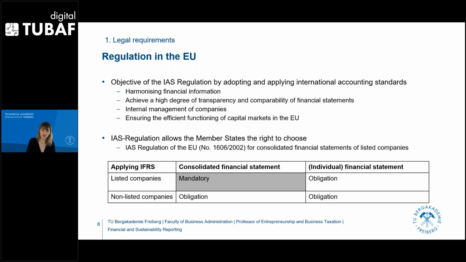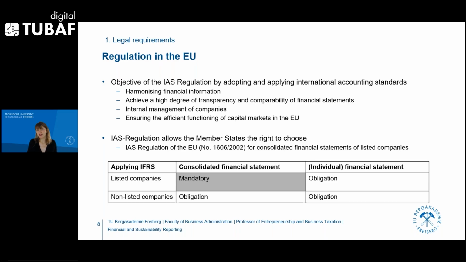They can do it if they want to, but they have to disclose their statements according to the local GAAP next to that. So they are forced to use local GAAP for individual financial statements and to use IFRS for consolidated financial statements if they are listed companies.